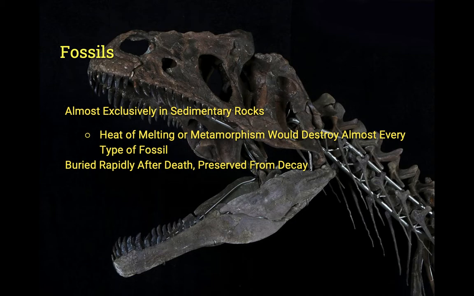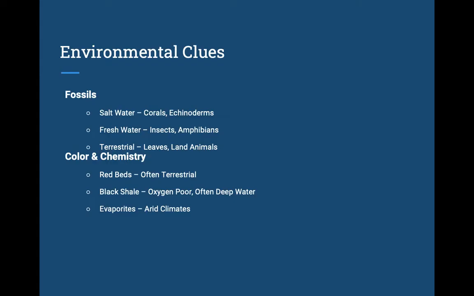So, as we'll see, they're great for understanding what the earth was once like, right? Because we get a sense of what these past animals and plants and stuff were like, what they looked like. So they can tell us quite a bit. And in part, it could just simply be the animals themselves. We get a sense, okay, we're finding a lot of sea creatures in this area, even though it's land right now.